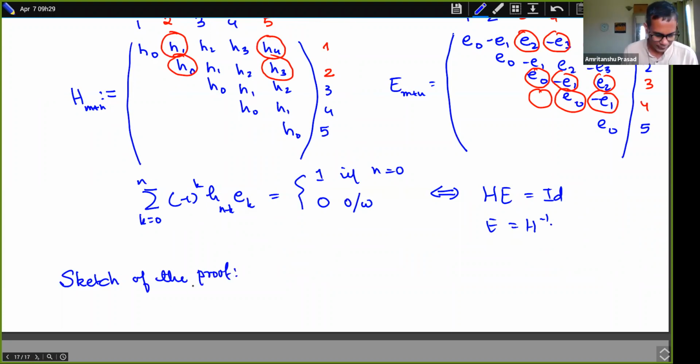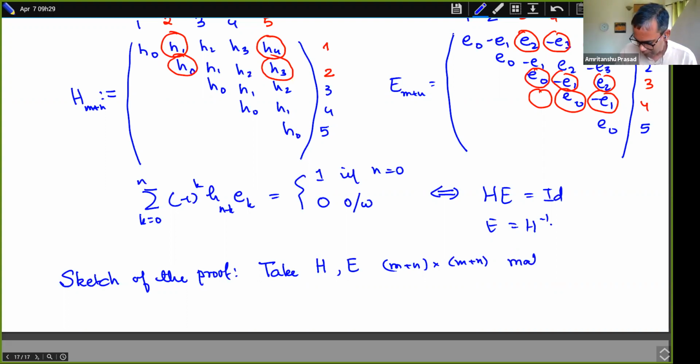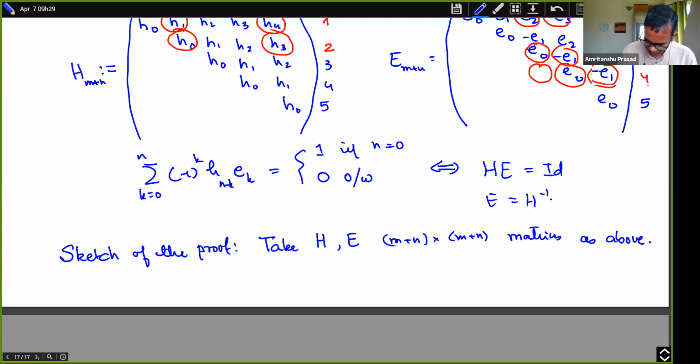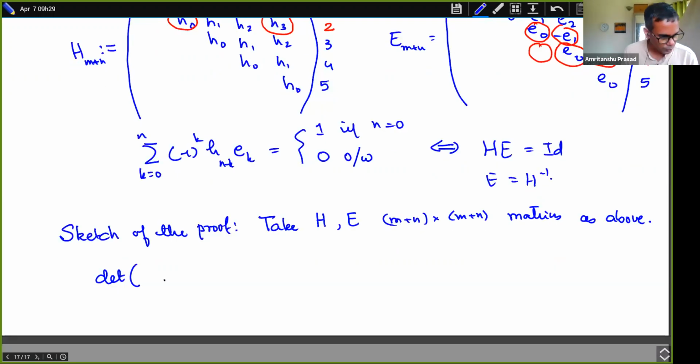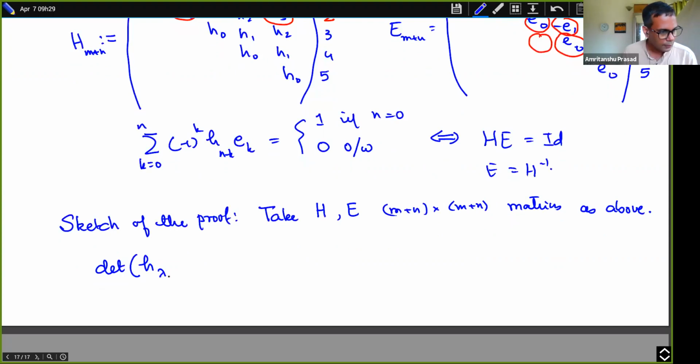And the point is, take A, B, m plus n by m plus n matrices. Maybe I'll call them H and E, as above. And for the determinant, I'll write down precisely which rows and columns you have to take.